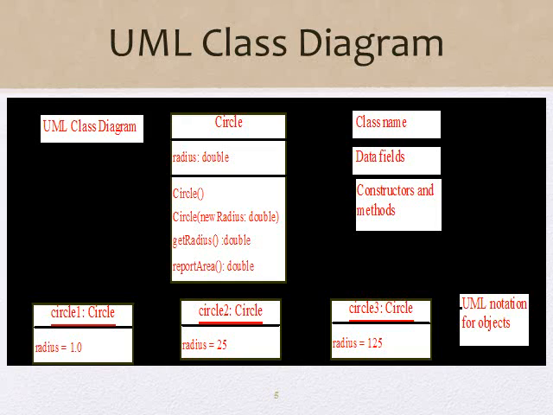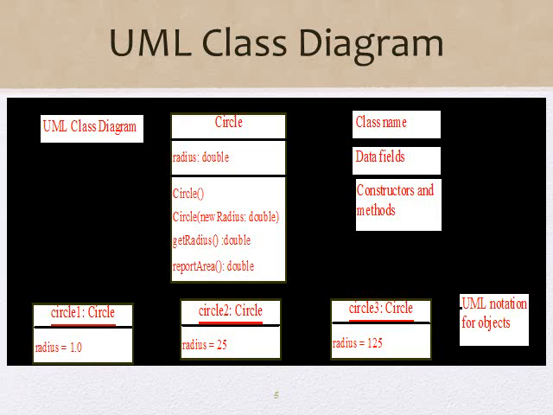Remember, a class is not a program. It needs a program to use it to be of any meaning. So we need a program to instantiate or create objects of our class. And the object that we instantiate is a reference variable.